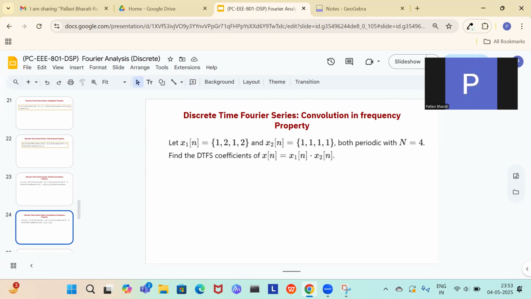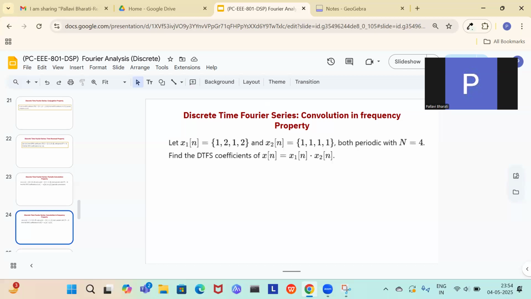So what I need to convolve is the Fourier series coefficients of x1[n] and x2[n]. First I need to find the Fourier series of x1[n] and x2[n], and only then will I be able to convolve them. So in this case, you will first have to find x1[k], then x2[k], and then do the convolution of that.